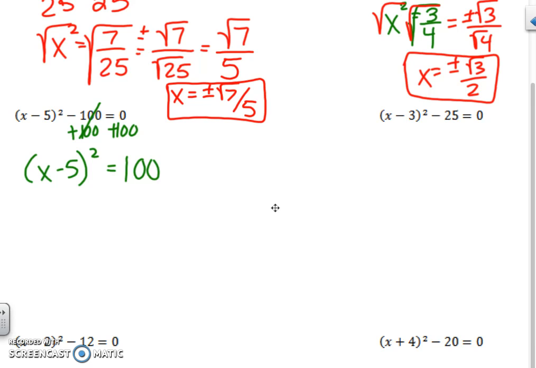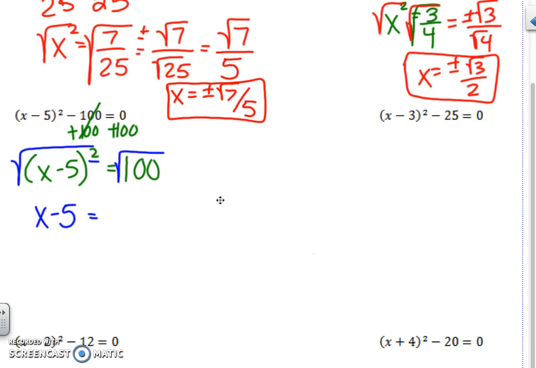Okay, so now what you have to do to get rid of this square term is you take the square root. So you would square root both sides, and that would leave you with x minus 5. Okay, so if you've got something in parentheses squared, then you take the square root, which will cancel out the squared term, leaving you with x minus 5.